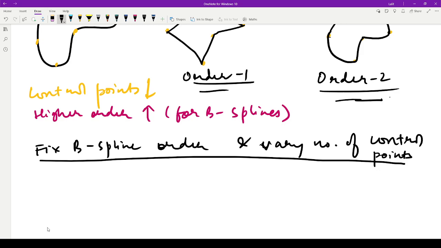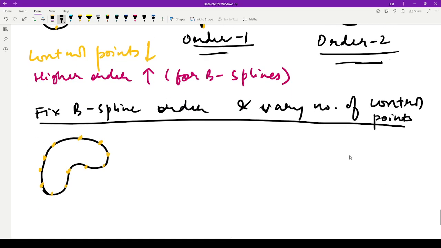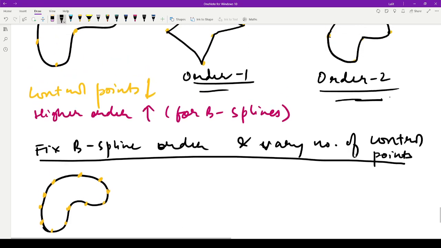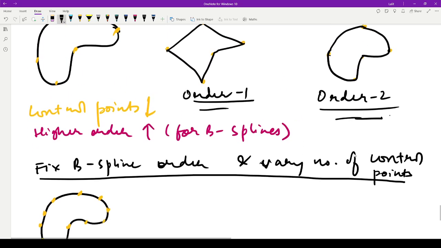I'll still have the same bean shaped object, but now I'll increase the points out here like this. I should use the same thing.